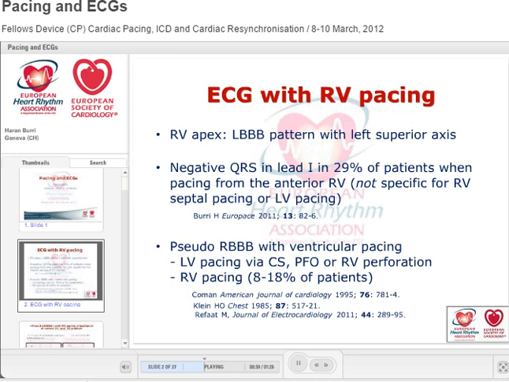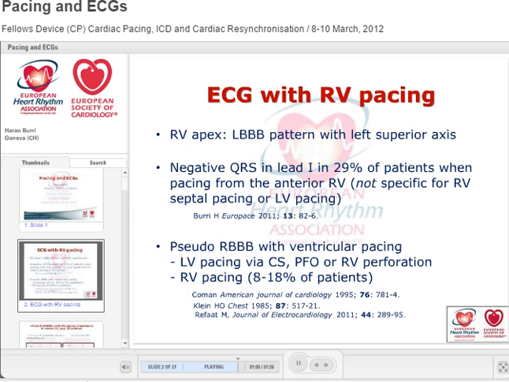Thirdly, if you have a right bundle branch block type of morphology on your paced ECG, that implies several possibilities. The first is that you may actually be pacing the left ventricle, because you're in there by the coronary sinus, either intentionally or unintentionally.